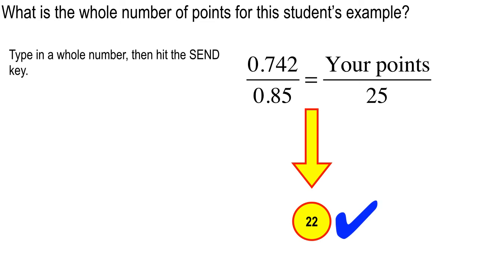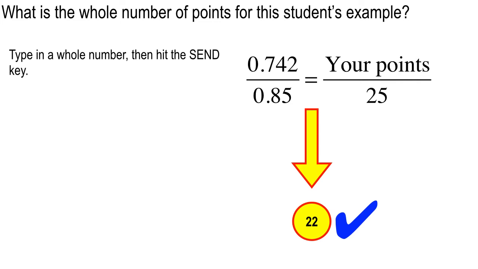So this particular student, 23 out of 31 clicking for the morning section, gets 22 out of 25 if I were going to give semester grades today. All right.